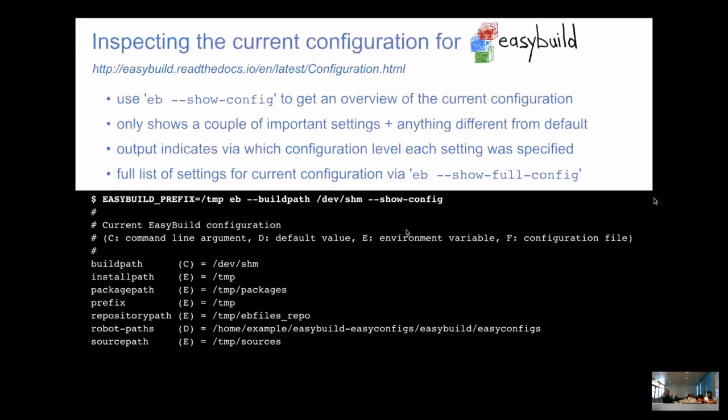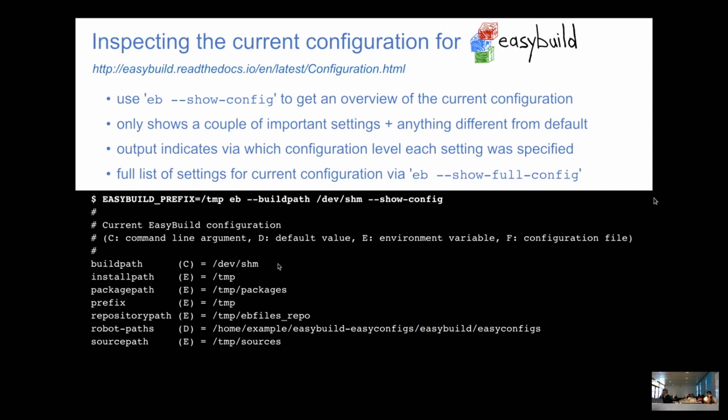So we have an easy way of inspecting the current EasyBuild configuration because we have so many options. It's sometimes a bit hard to figure out, or certainly not fully transparent, what it's doing or how it's configured. So with the show config option, you can ask it how it's configured and then check whether things are where you expect them to be. Show config will only show a couple of important settings.